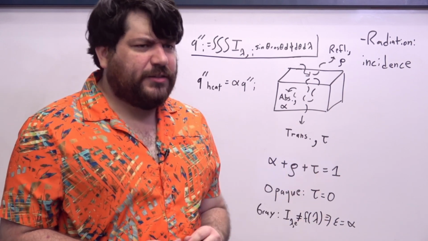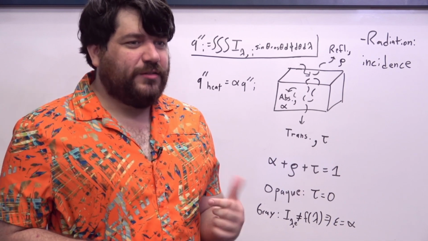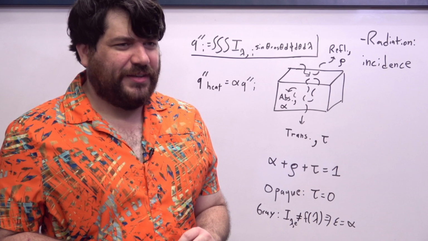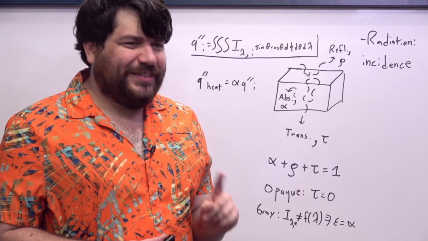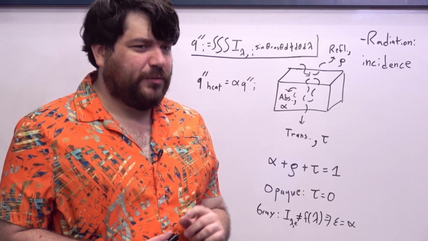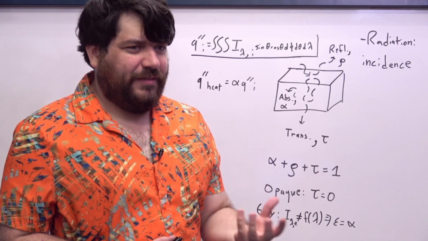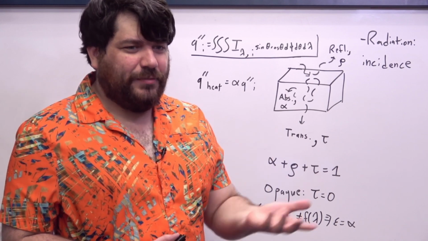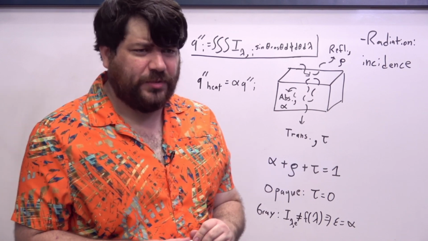So that describes opaqueness. The other property that I want to describe is grayness. And this is a weird one to think about because it's actually more of an emission property. The reason that I mention it in this lecture and not the previous one is that it has a very significant effect on the way that we can assume or model the process of absorption.